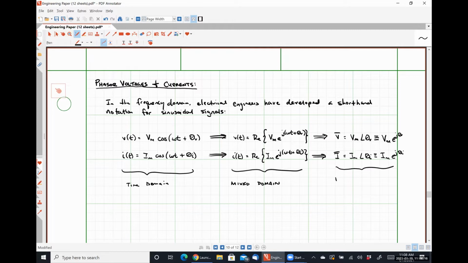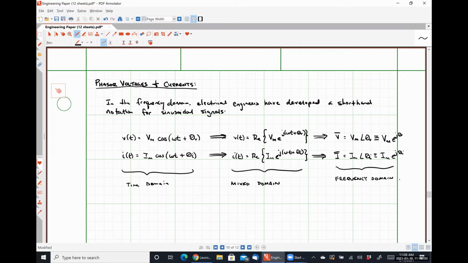This is the frequency. That should be a C, not a G. Domain, or commonly referred to as the phasor domain.